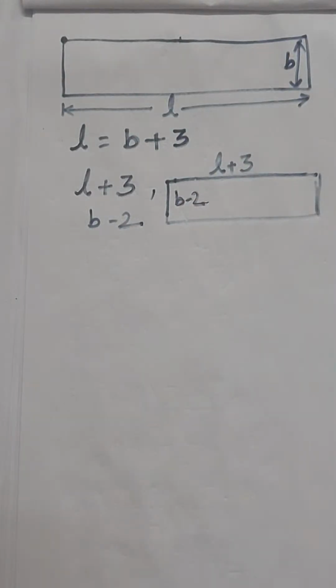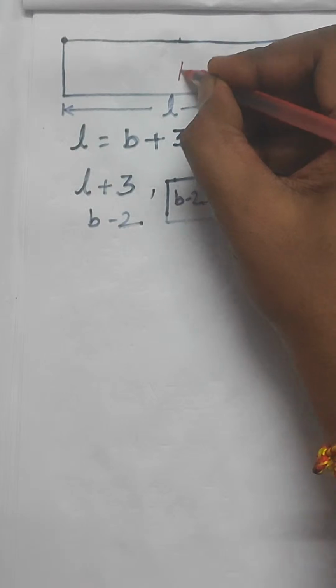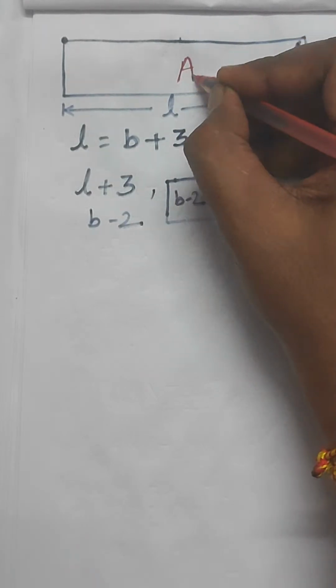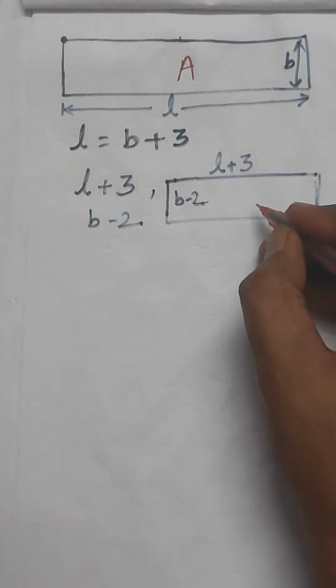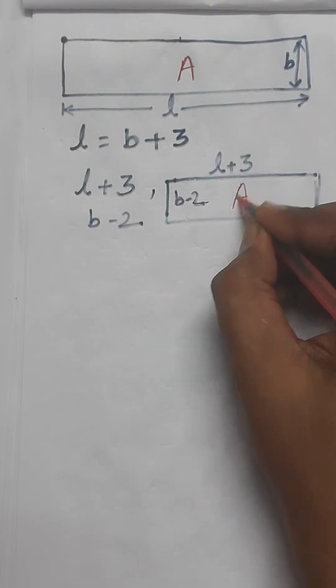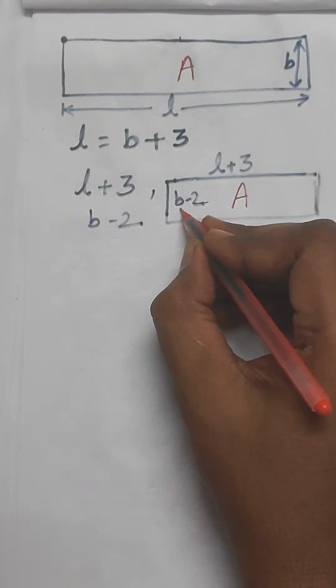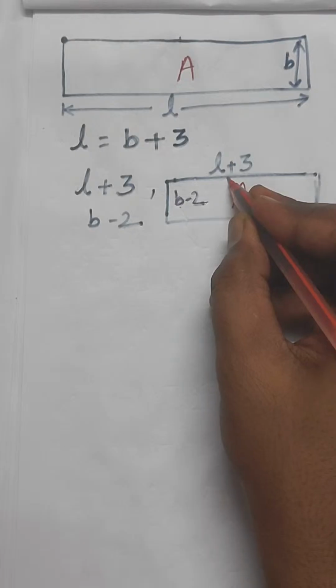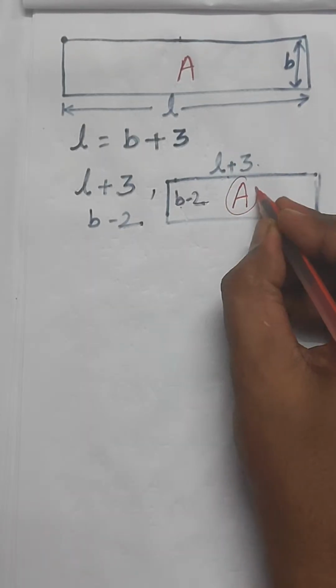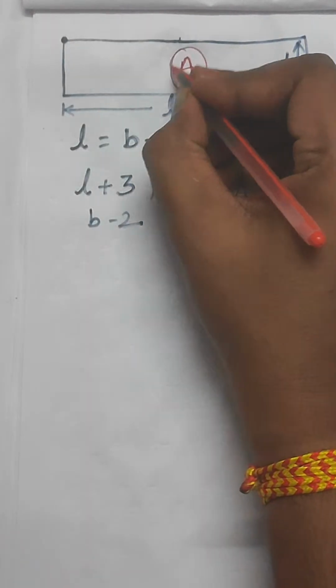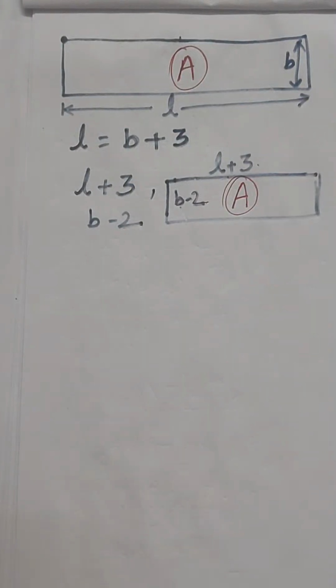Now from here you can calculate the area, because it's given that if the area of the first room is A, then the area of the second room after changing the dimensions to B minus 2 and L plus 3 is also the same A. The areas are same. Now we need to find the length and the breadth of the room.